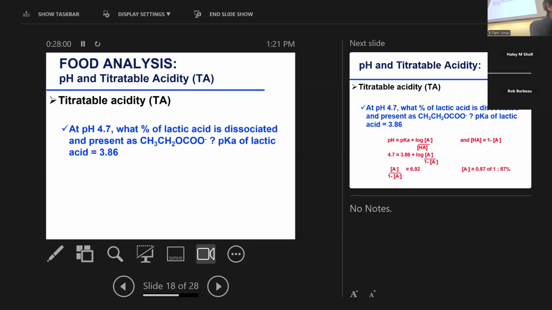You might have to remember some of the practice we did before when we covered buffers. You simply apply your Henderson-Hasselbalch equation to calculate the concentration percentage of basically the A minus, your conjugate base.